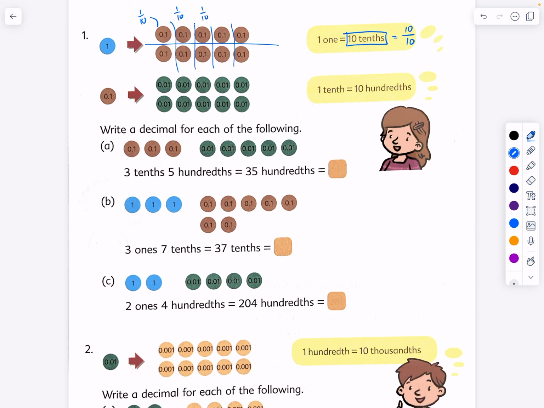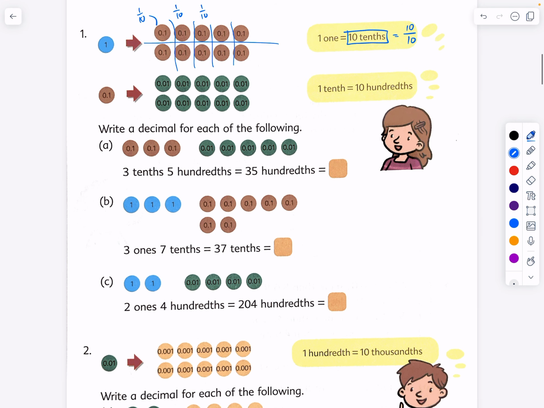Now, each of these 1/10, these little brown discs, we can further break up into 10 equal parts, and each of those parts, let's write it down, each of these green tiny discs would be 1/10 of 1/10, which is the same as 1/100th. So 1/10 is the same as 10 hundredths.